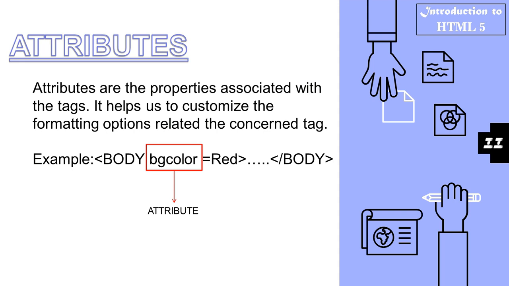Now this defines the appearance that our web page will have a background color that is red. And you can see further, the body tag is closed with a forward slash, which is present on the same key as the question mark.